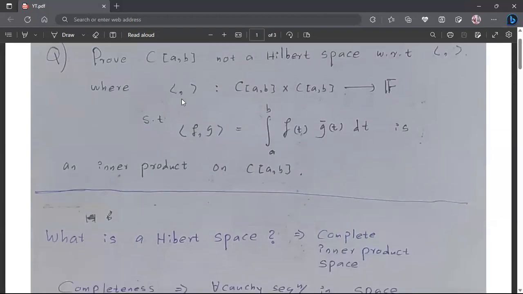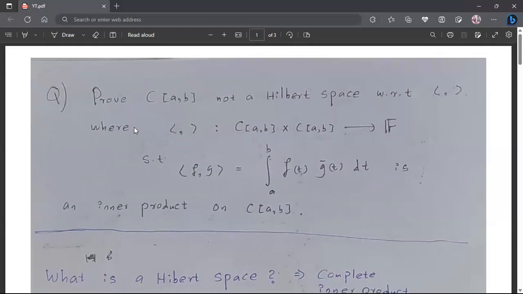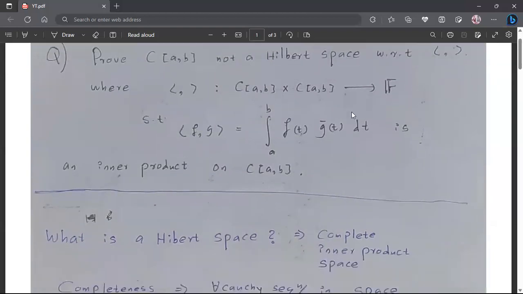Likewise, the limit also should be a function. Since this is the continuous function space, the limit also should be continuous with respect to this inner product if the space is complete. But the question asks us to prove that this is not a Hilbert space, then we must find a sequence of continuous functions which does not converge to a continuous function. Indeed, that's what we are going to do.